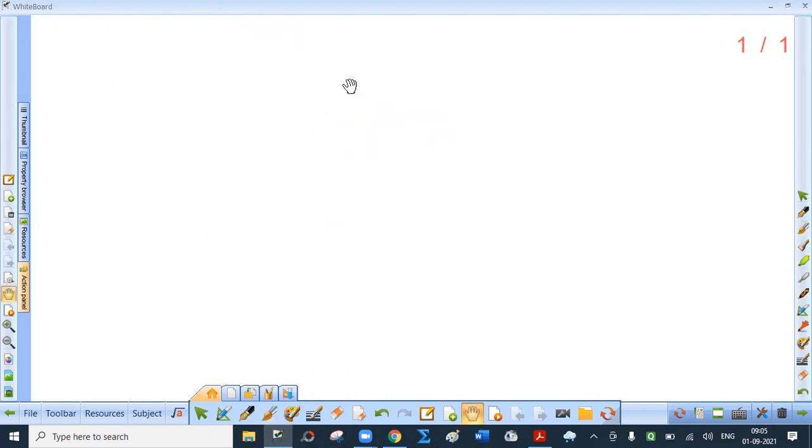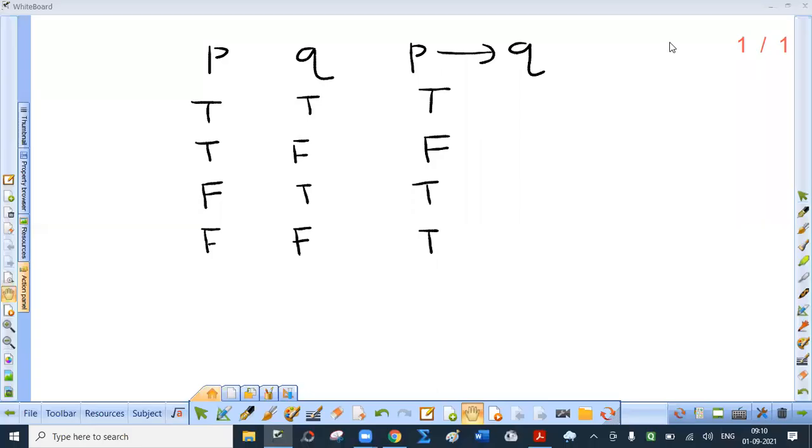Now, the next one is called biconditional. Actually, you can remember this table by saying that if there is a cause, it must be accompanied by the effect. There is a cause, there is an effect, true.